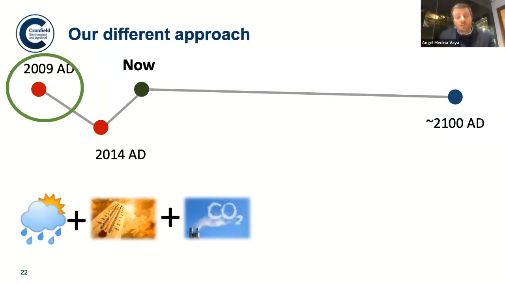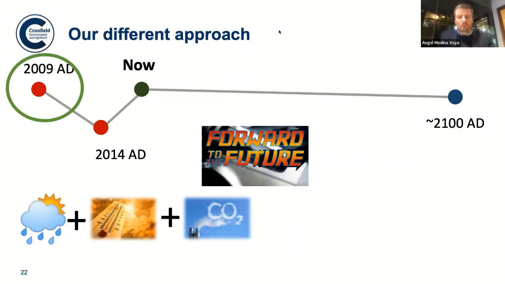What we were planning was really to replicate the conditions that we'll have in 100 years time approximately. So it was a matter of going forward to the future. We decided to send fungi and put them under the conditions that we'll have in 100 years time and see how they were behaving.